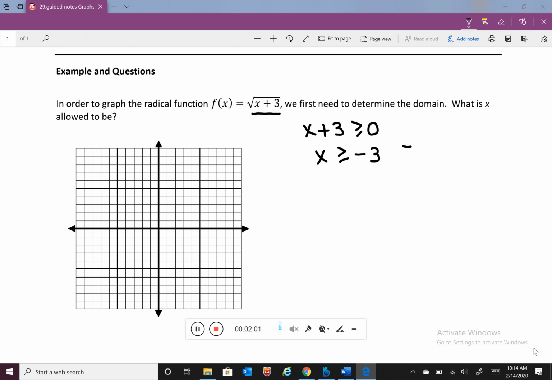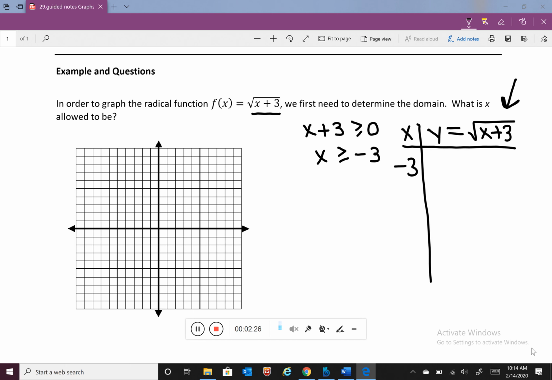So I'm going to establish a table of values here. We're going to let x be negative 3, and we're going to notice f of x is equal to the square root of x plus 3. And remember, f of x just stands for y as a function of x. So if we let x be negative 3, do not forget your square root symbol.